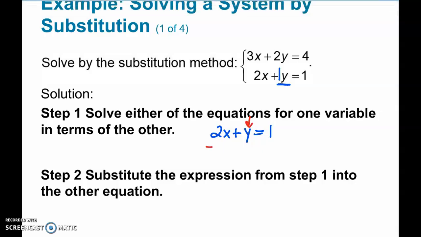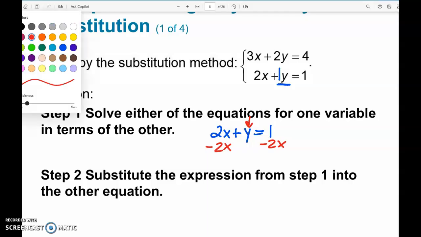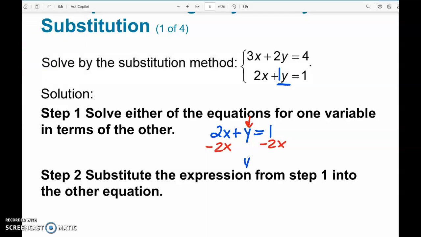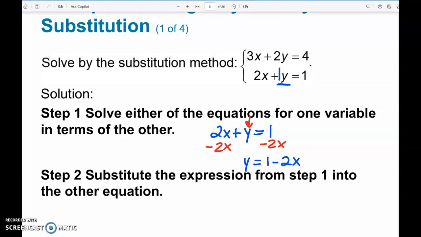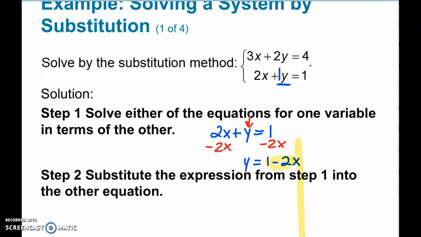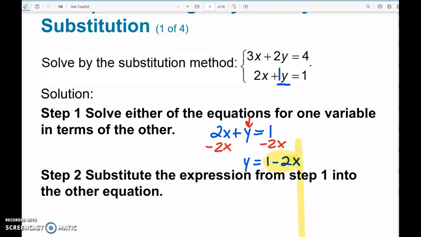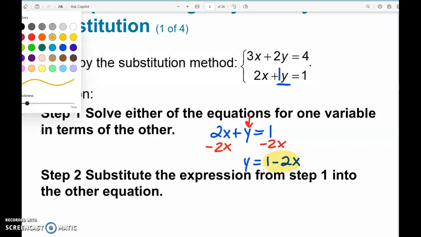So in order to solve this for y, subtract 2x from both sides, and now I will have this equation solved for y. Y is equal to 1 minus 2x. So I'm going to take this now, and I'm going to say, here is what y is equal to. And I'm now going to substitute this expression from step 1 into the other equation.